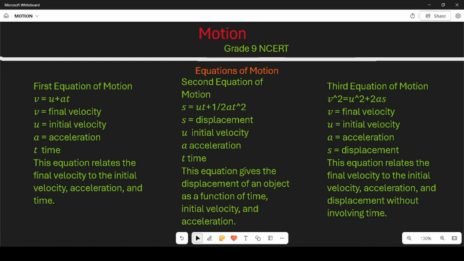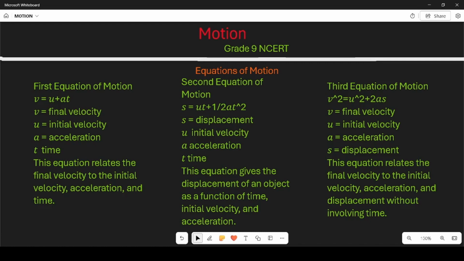The second one is displacement equals initial velocity into time plus half into acceleration into time square. Another one is 2 into acceleration into displacement equals final velocity square minus initial velocity square. I have given the detail on the screen. Make sure you take a screenshot.